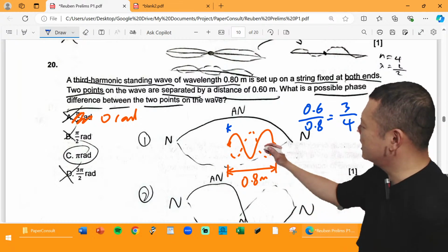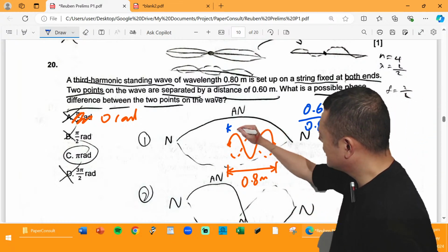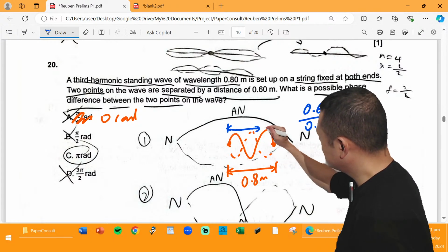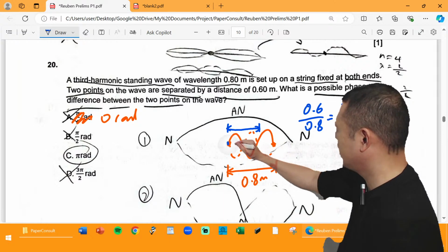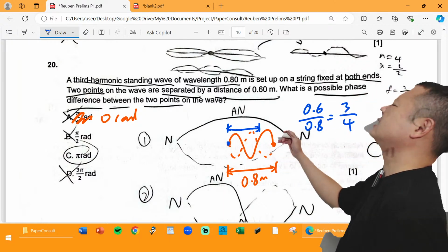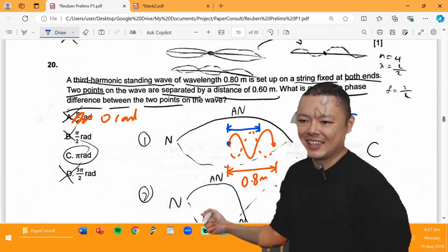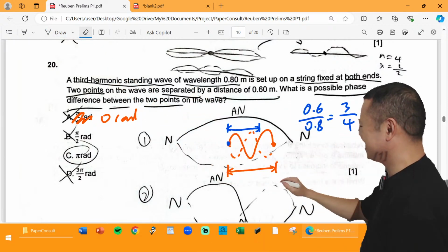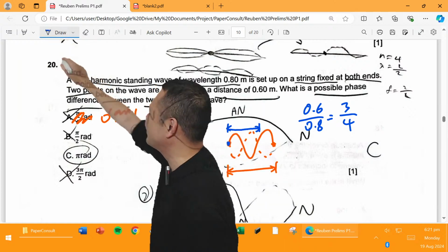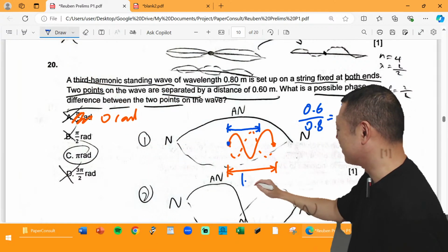That's a bit strange. If it's 3/4, wouldn't it stretch to over here? Oh no, just the wavelength. It's just 1.2. Made a mistake there, sorry, 1.2 meters. The whole thing is 1.2 meters.